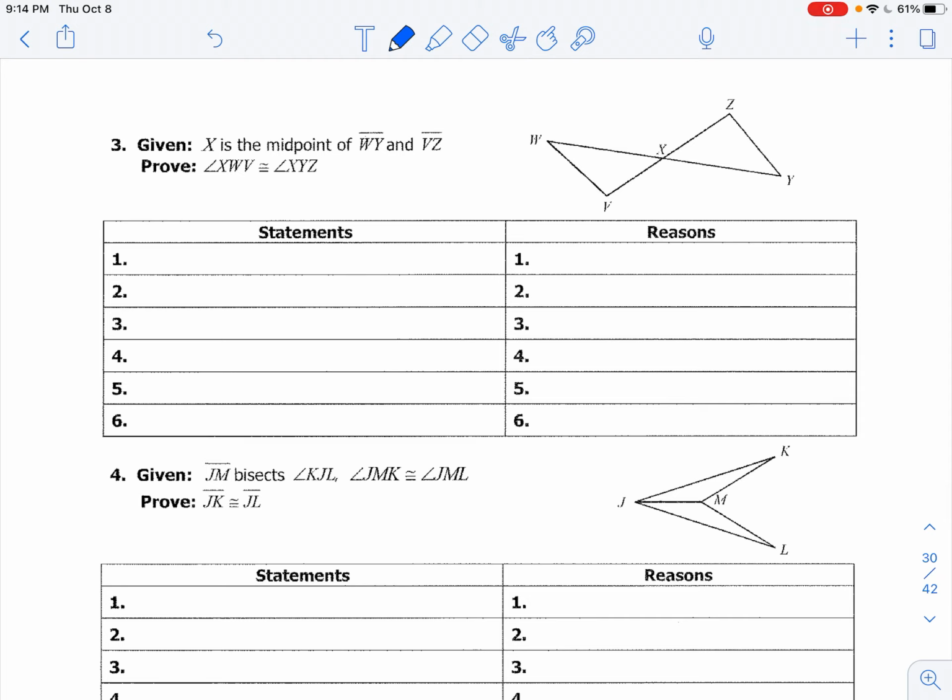Let's look at another example. X is the midpoint, the exact middle of WY. That means each of these segments is congruent to each other if you're cutting exactly in the midpoint. So this is given. X is the midpoint of WY. Oops, I should have read a little bit further. And VZ. So VZ is also bisected by X, and these are given.